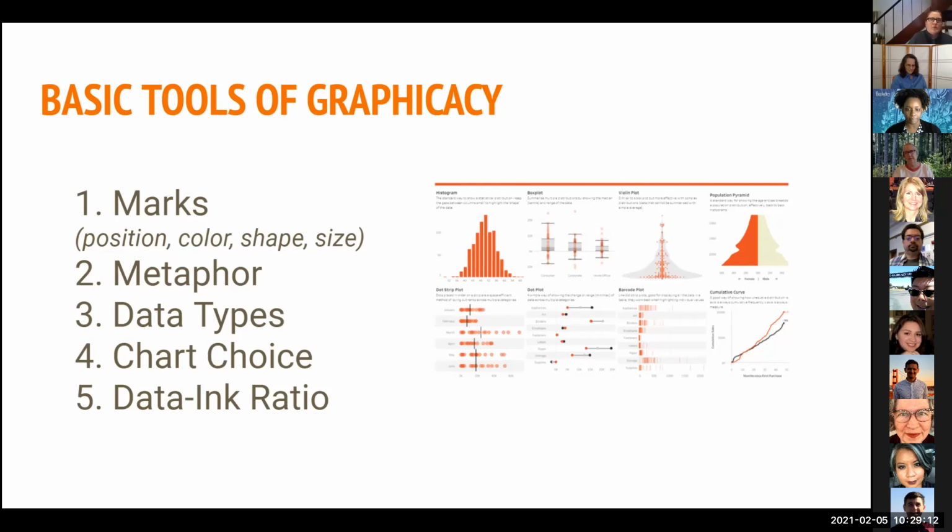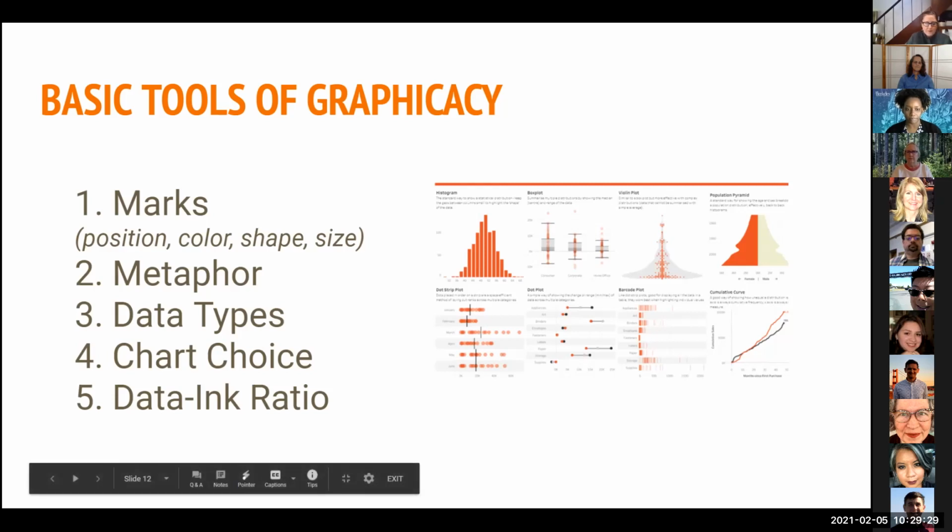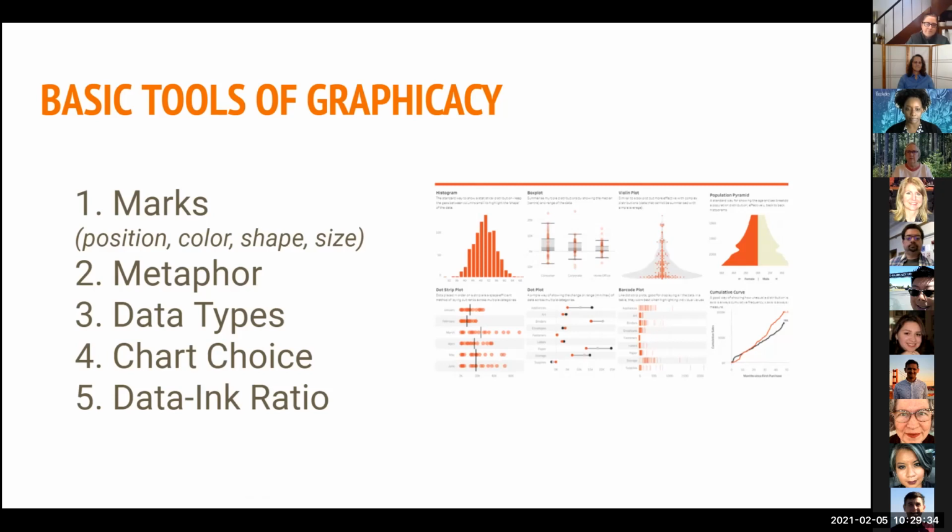Data types, which again, along with metaphor, helps to dial in. We're getting closer and closer here to the tools to make really effective charts and graphs. All software out there has data types to encode and store its information, and they're not always exactly the same.